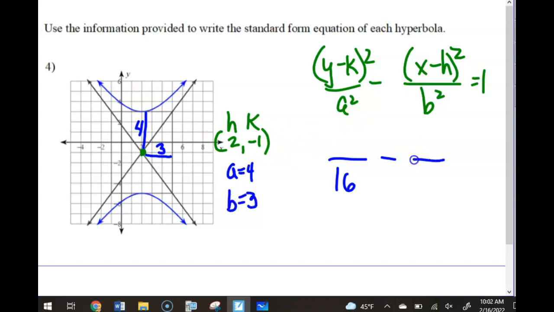So under here is going to go a 9. And what goes up top? Y minus plus 1. Yeah, Y minus K. Make sure you do those. It's easy to get the H and K backwards because you're switching where Y and X are, so be careful. And X minus 2 squared here. That wasn't so bad, right?